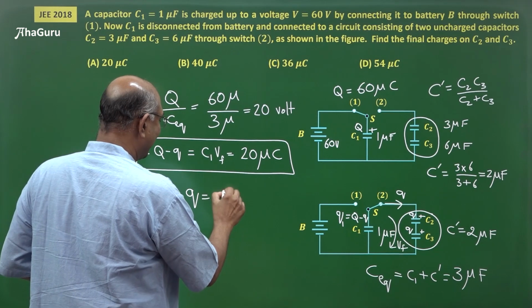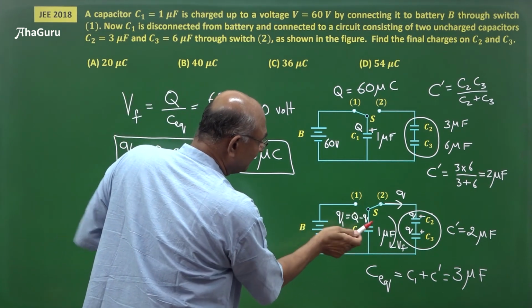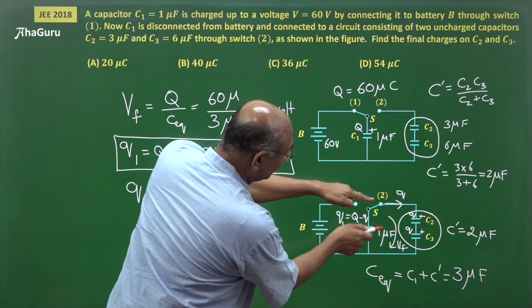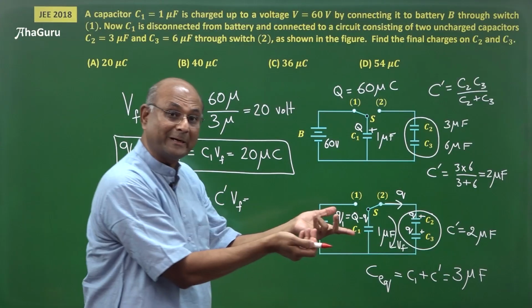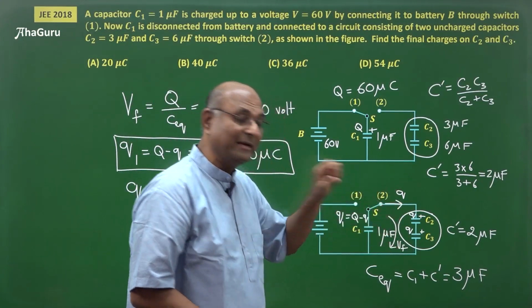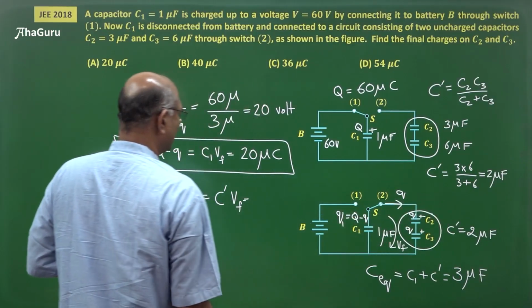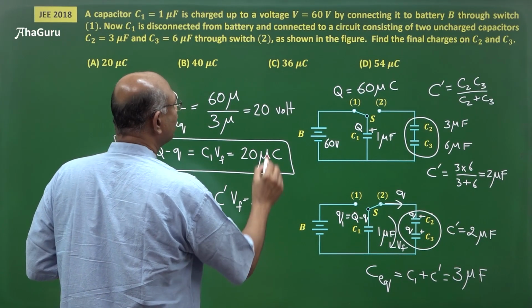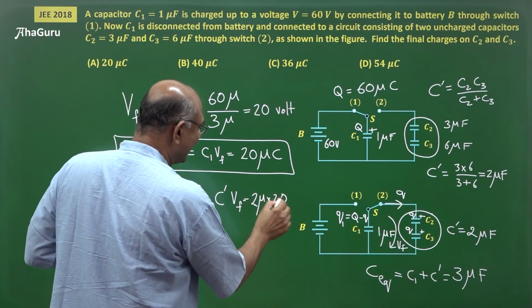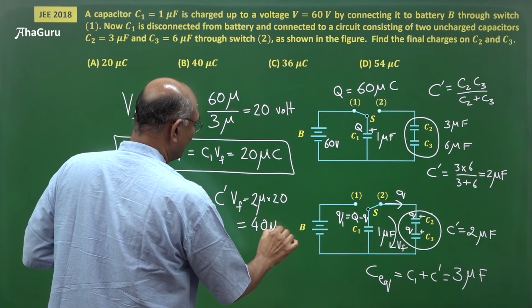Here I can say C1 Vf because this Vf is across C1, whereas here this Vf is going to split between C2 and C3. We don't know what the split is, but we know for C dash it is Vf. What is C dash? 2 microfarad. And what is Vf? 20 volts. So what do I get? 40 microcoulomb.